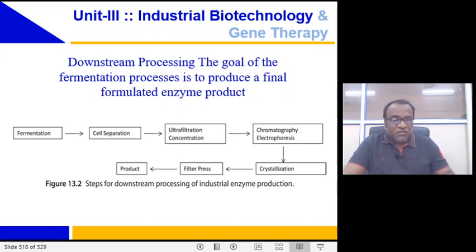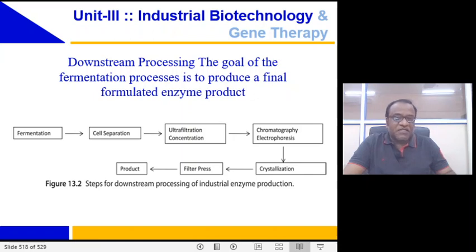right? So what are the number of steps? Whether the number of steps in obtaining the final enzyme product is associated with economic viability, whether the number of steps being used is economically viable, whether it is really associated with the purity of the product, and what the end application of the product is.